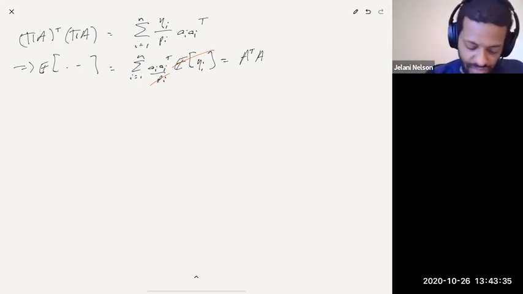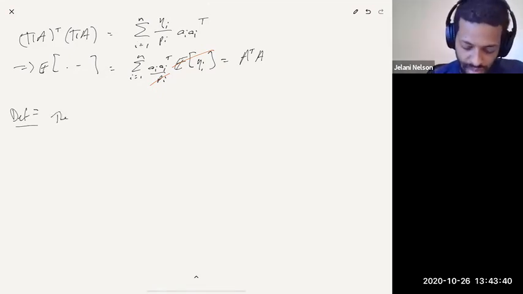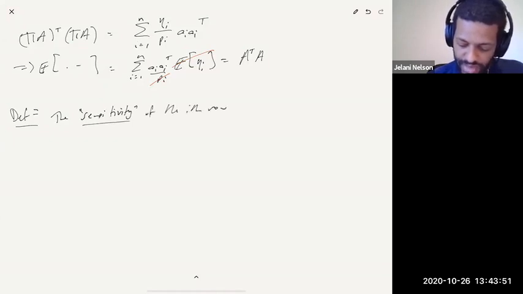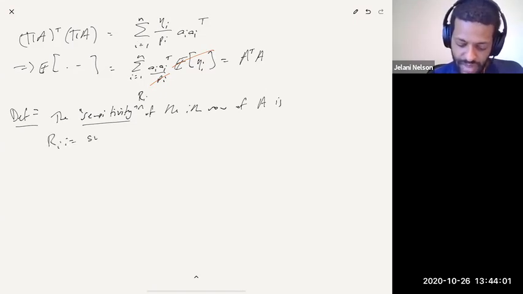So I'm going to give a definition. The sensitivity, this is a technical term, of the ith row, let's call the sensitivity Ri. The sensitivity Ri of the ith row of A is defined to be as follows. Ri is the sup over all x of (ai dot x) squared over the L2 norm squared of Ax.